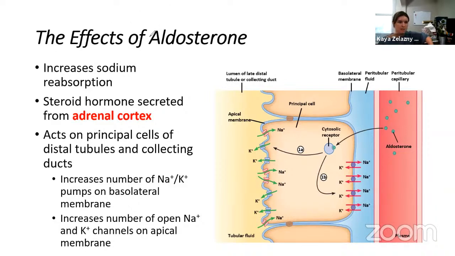We are going to see that there is kind of a long pathway that's going to get us to aldosterone. Aldosterone is going to be the end of something called our RAS system. So we're going to have a renin angiotensin kind of pathway, but we'll talk about that next. All of that is ultimately leading us here to an effect on the principal cells of our late distal tubule.